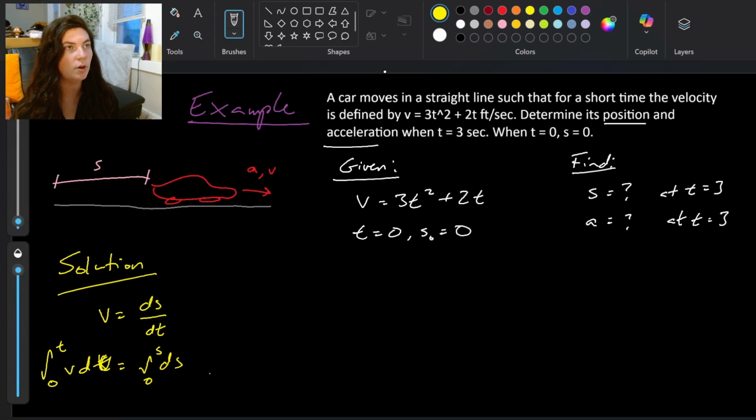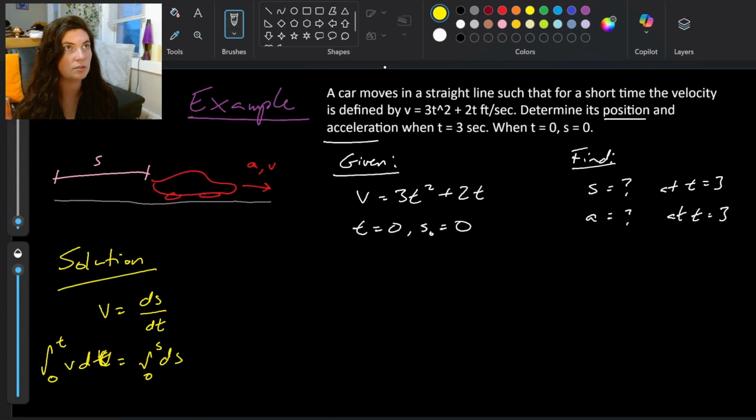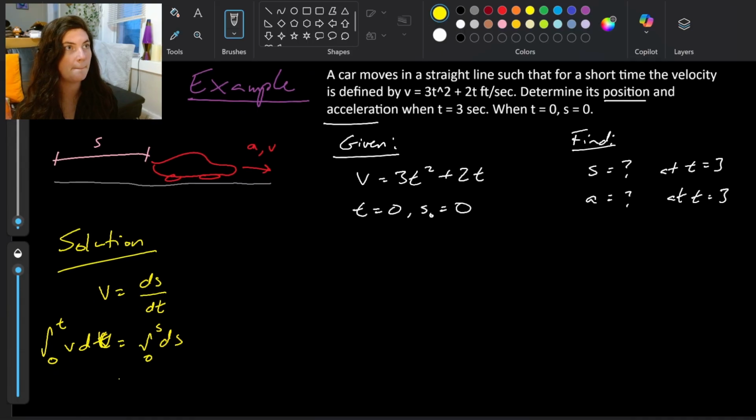So when I perform this integral, on my right side here, I have ds integrated from 0 to s, which is just going to give me s. And when I integrate my v with respect to t, well, bear in mind that my v is in terms of t.